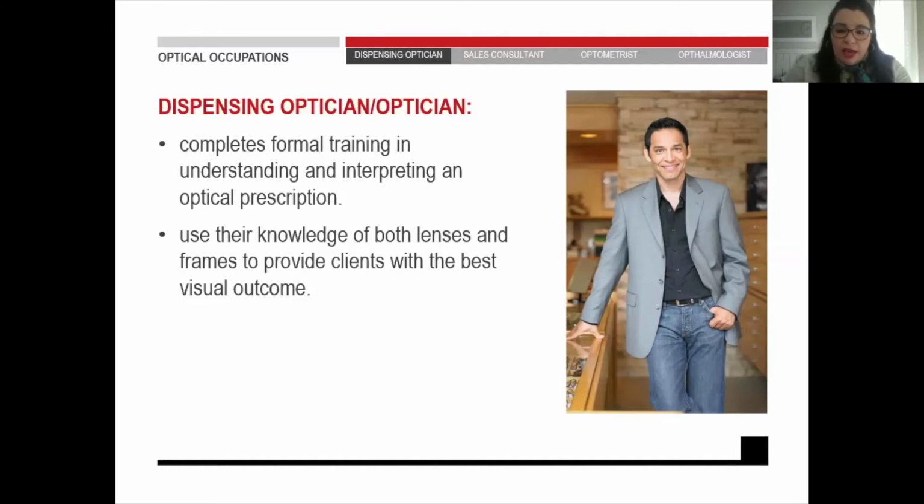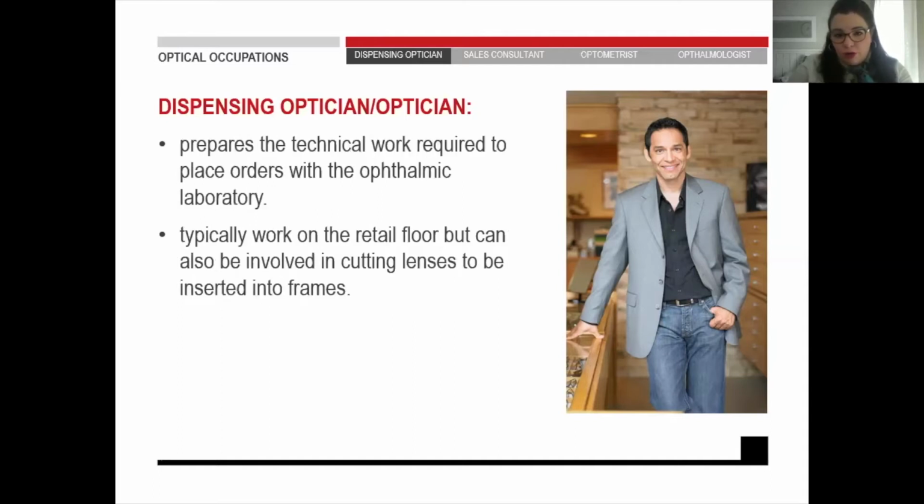So when they have an optical prescription for spectacles from an optometrist, they can very easily choose the correct frame and take the measurements to provide the patient with the correct pair of spectacles. They are involved in all the technical work required to place orders at a lab, and they can work in 2 environments.